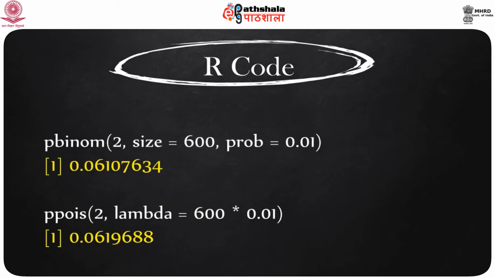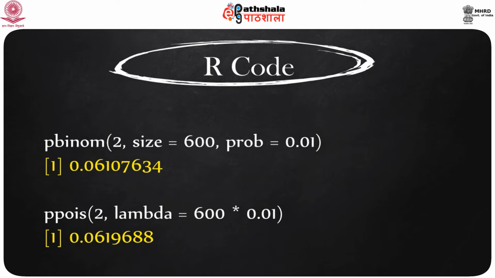Suppose we are flipping a coin a substantially large number of times, say 600 times, and the probability of success has been fixed to be 0.01. So, n equals 600 and p equals 0.01 for a binomial random variable. Now, we are trying to find the probability of less than or equal to 2 for a binomial distribution.